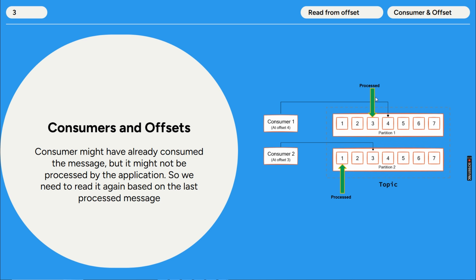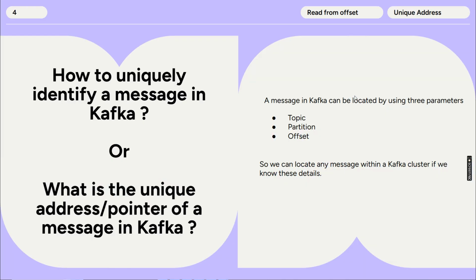That's why we need to keep track of the messages that are getting processed within the application. It is purely based on the logic or requirements within the application, but in most cases, if the message is really important, we need to handle this. The next question that may come to your mind is, how can we uniquely identify a message in Kafka, or what is the unique address or pointer of a message?